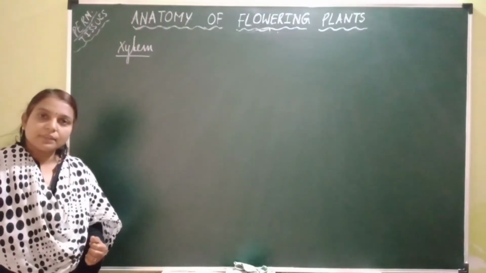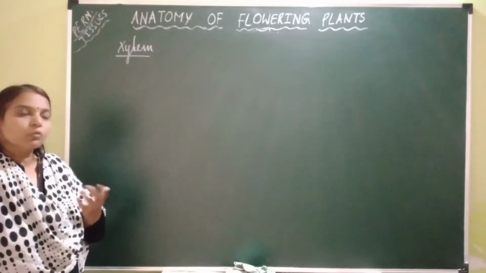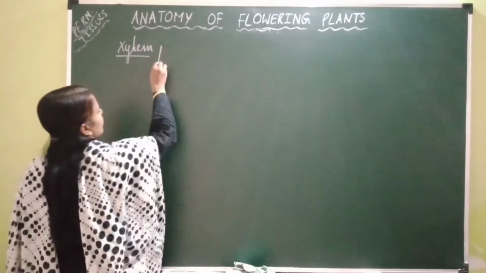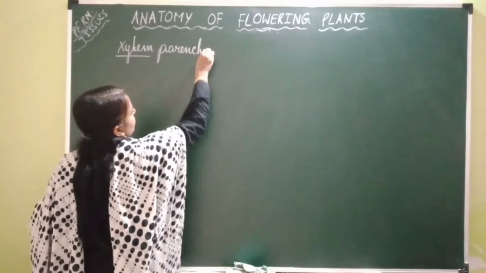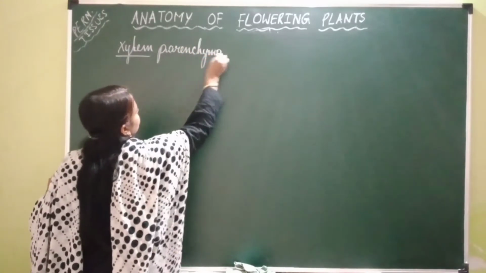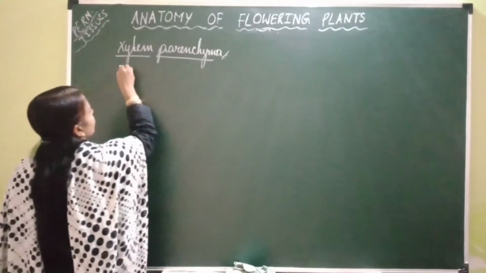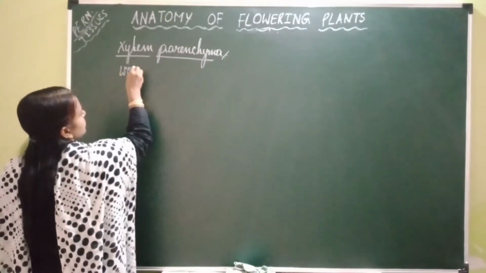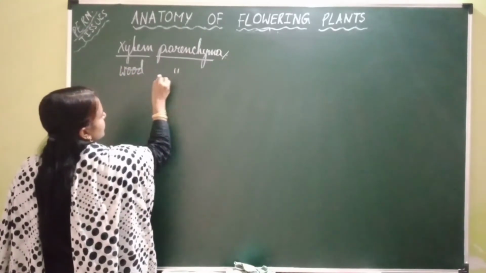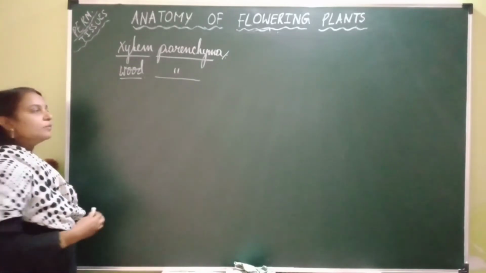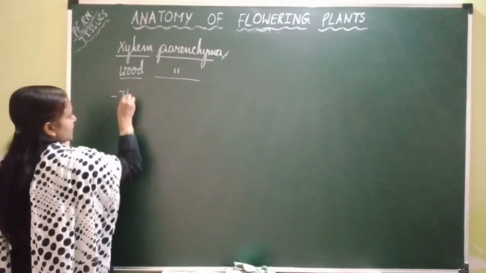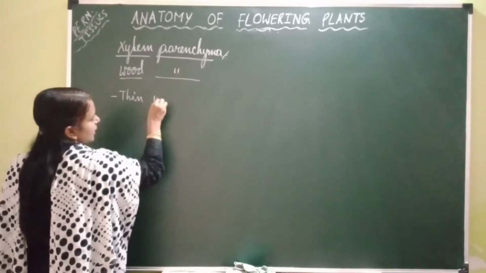Okay, now let's start with xylem parenchyma or wood parenchyma. Xylem parenchyma is also called wood parenchyma. So we know that this xylem parenchyma is made of thin walled cells.